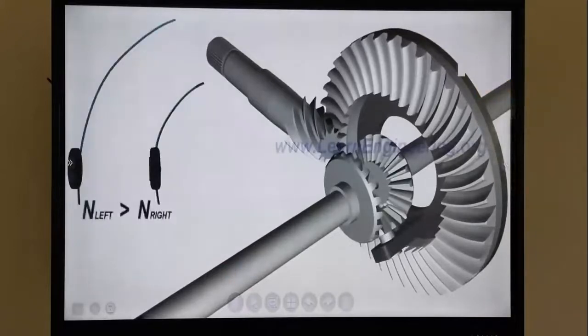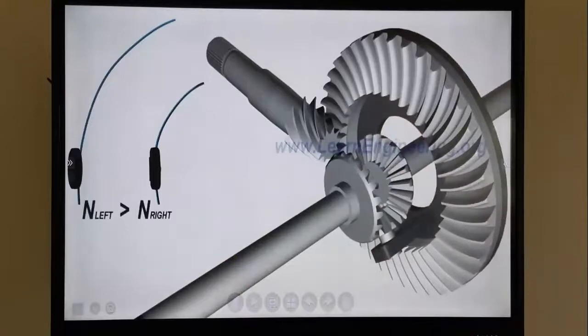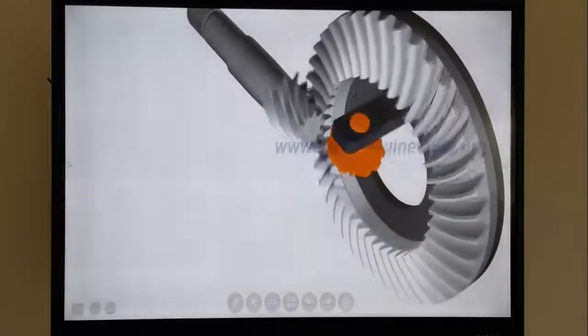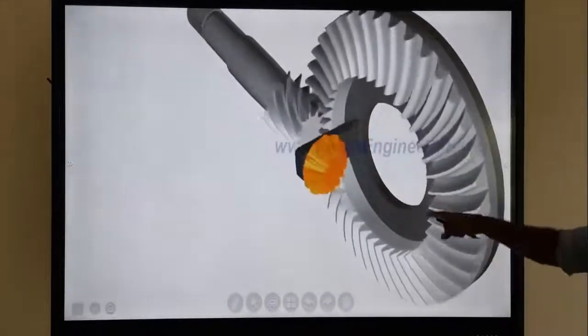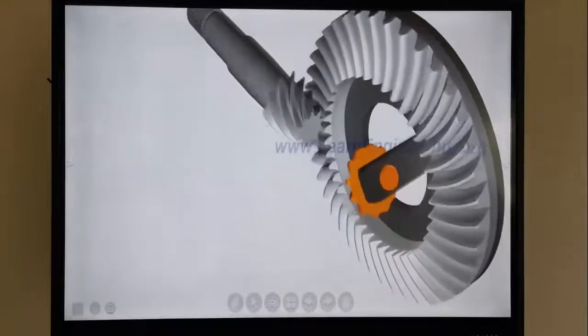When the vehicle is turning to the right, we already know the left side wheel must have a higher speed than the right wheel. This time this spider gear rotates along with the ring gear and moreover it also rotates on its own axis.